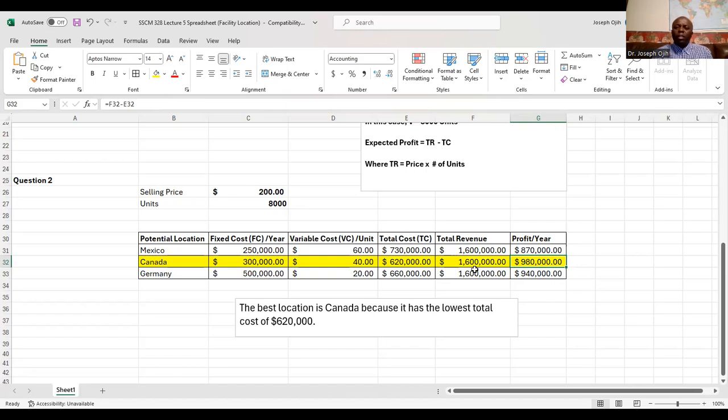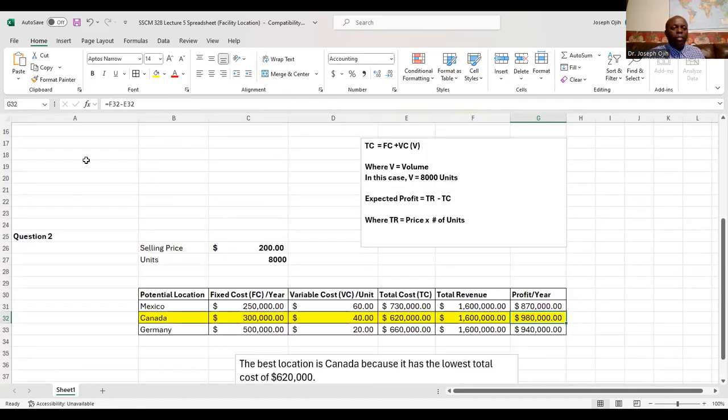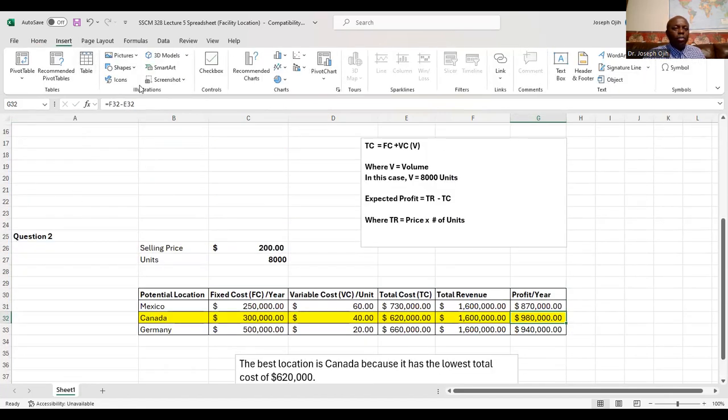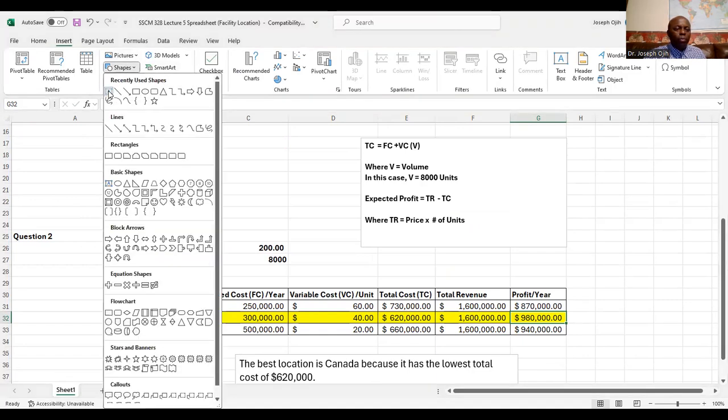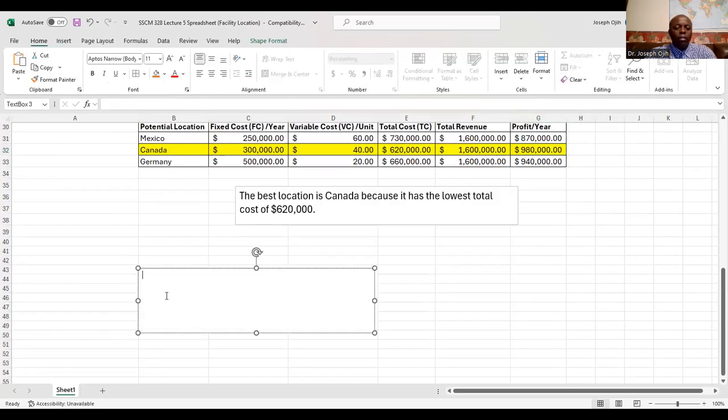So, I mean, you can do all the work in Excel. For those 2 questions that involve writing, there's not much to write, really, probably 2 or 3 sentences. You can just use a text box. For question 1, you insert a text box: click on the shapes, choose text box, and then put it right there and say this is question 1 answer.